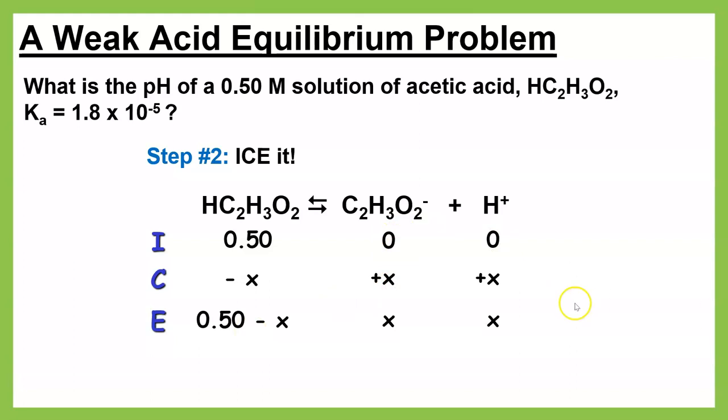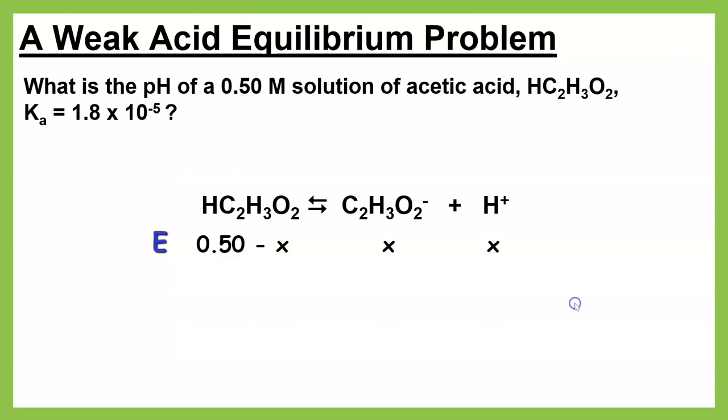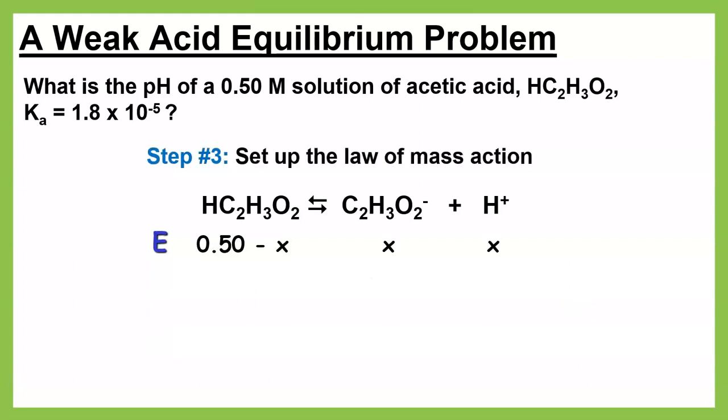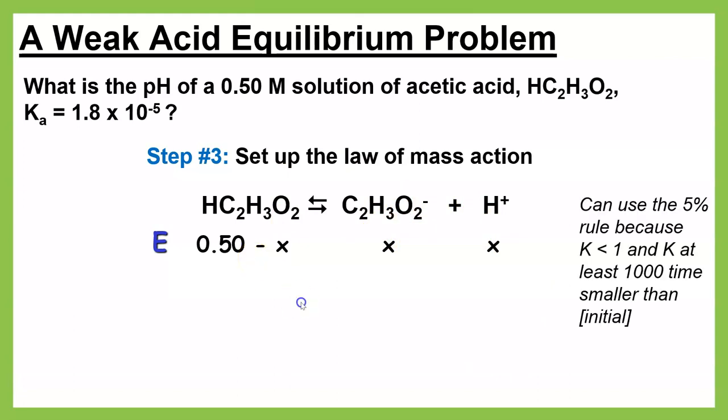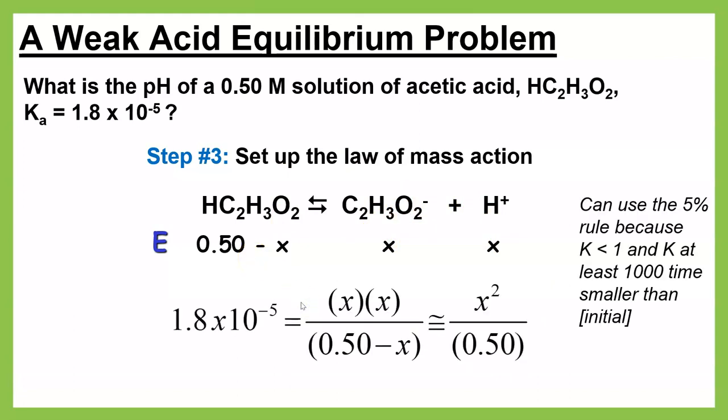So now you can set up your law of mass action using your equilibrium values. Remember, it's going to be K equals the concentration of your products over the concentration of your reactants.